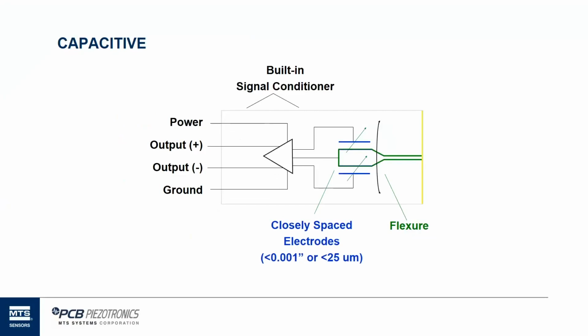And that change in distance between the plates causes a change in the capacitance across those plates. And when we apply a constant voltage to it, we can measure that. Actually, that change in capacitance causes an output voltage to appear on the output of the accelerometer.